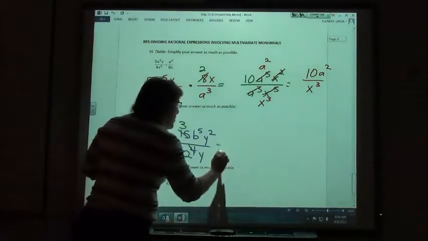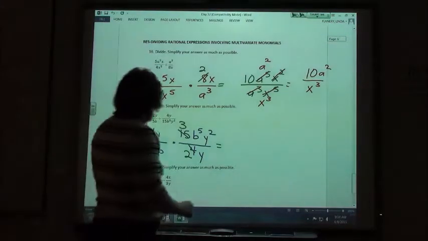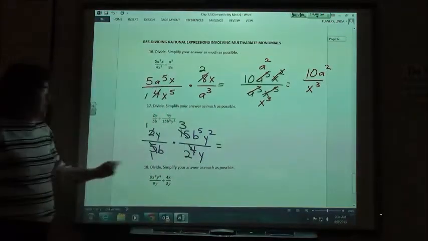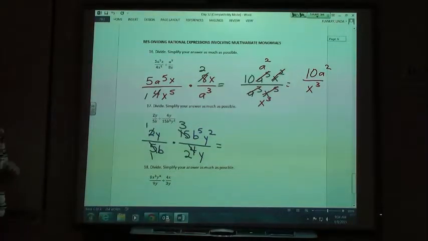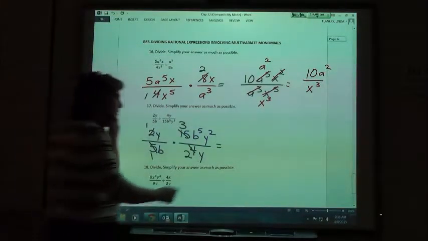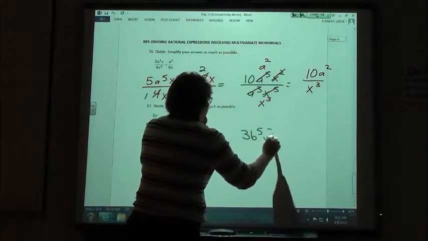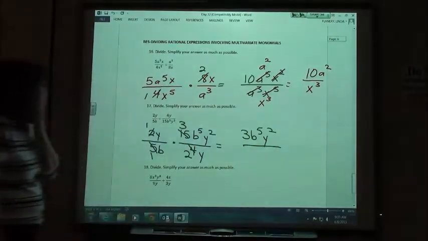So on the top we would get 15. Wait, no. I didn't do it. b to the 5th y to the 3rd over 2by. 3b to the 5th y to the, whoops, 3rd.